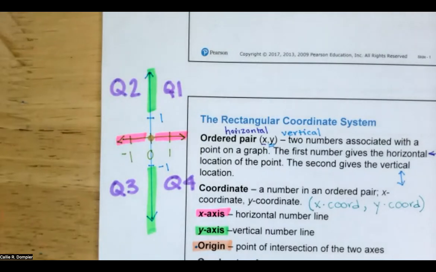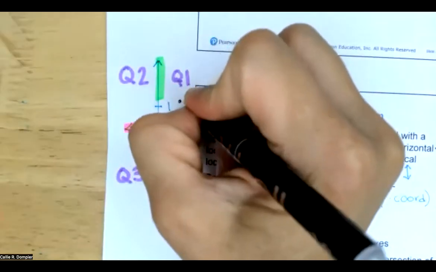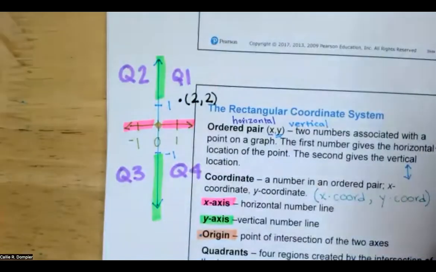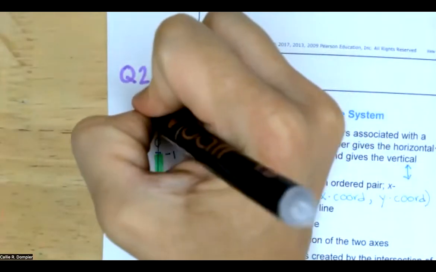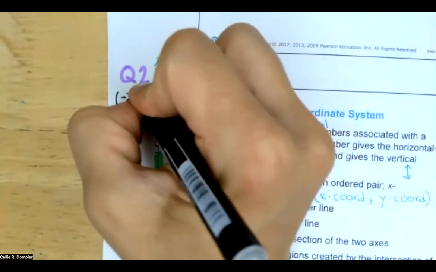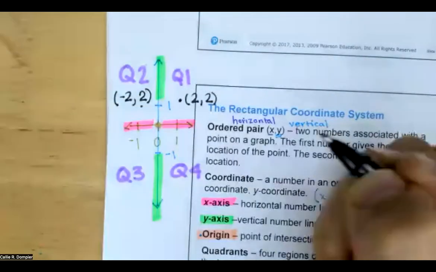All right, I will give you an example of a point in each of the quadrants. This is maybe the point 2 on the x, 2 on the y. This would be the point -2 on the x, but it's still +2 on the y.